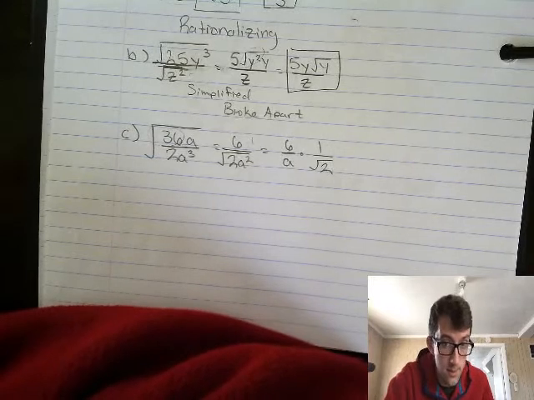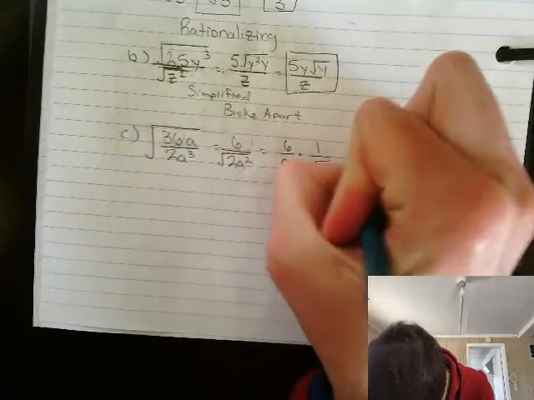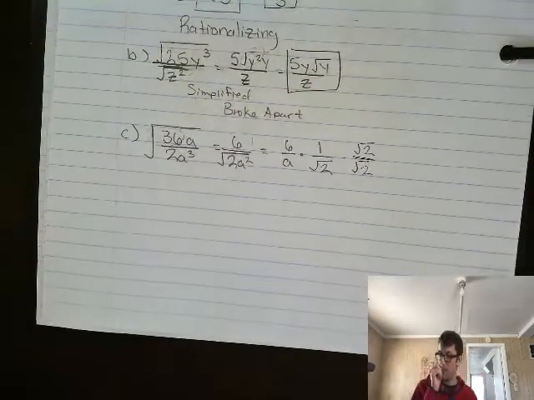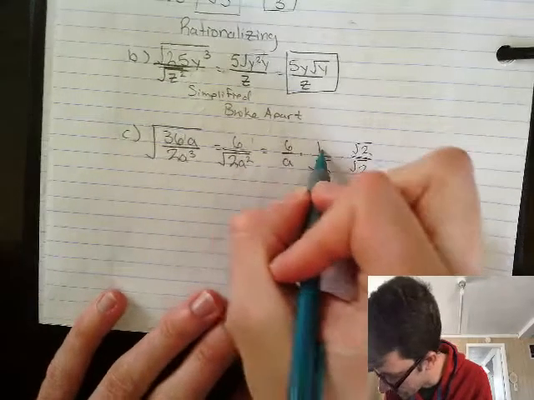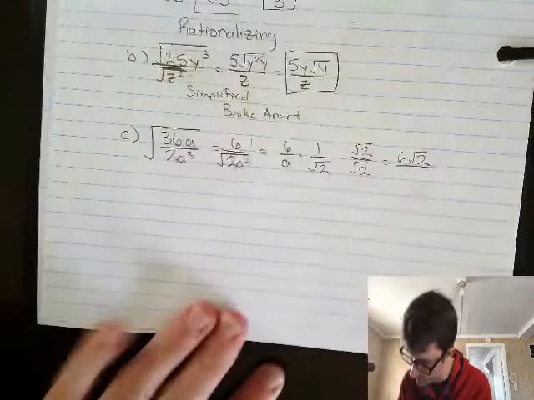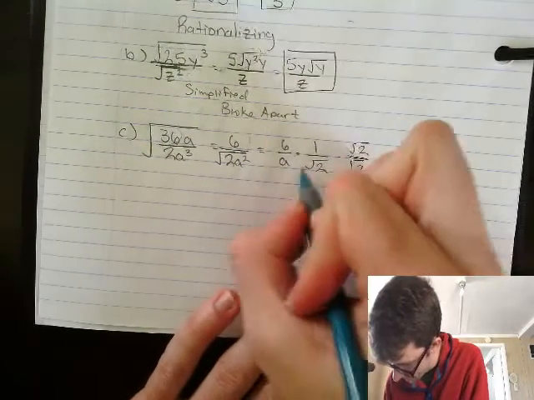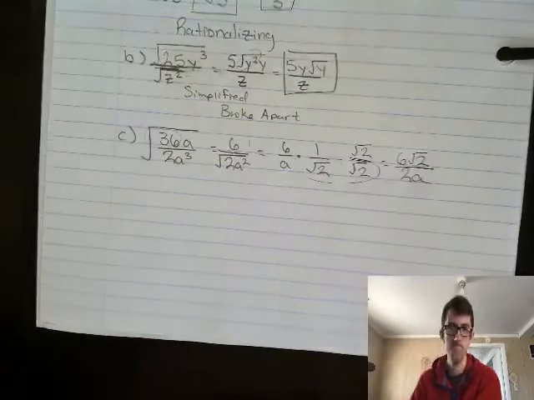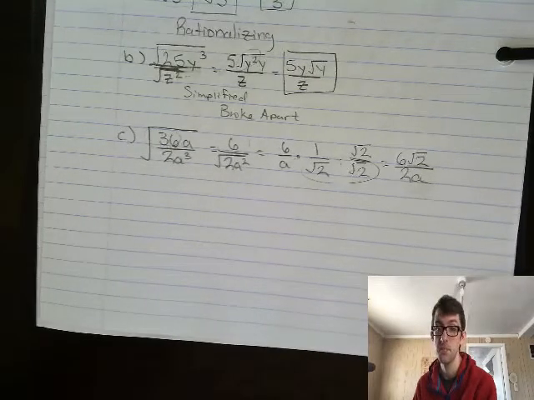Okay. Well, let's go ahead and rationalize that denominator. What are we going to rationalize it with? Square root of 2. So times square root of 2 on the bottom, square root of 2 on the top. Here we go. So 6 times 1 times square root of 2 is 6 square root of 2 over 2a.